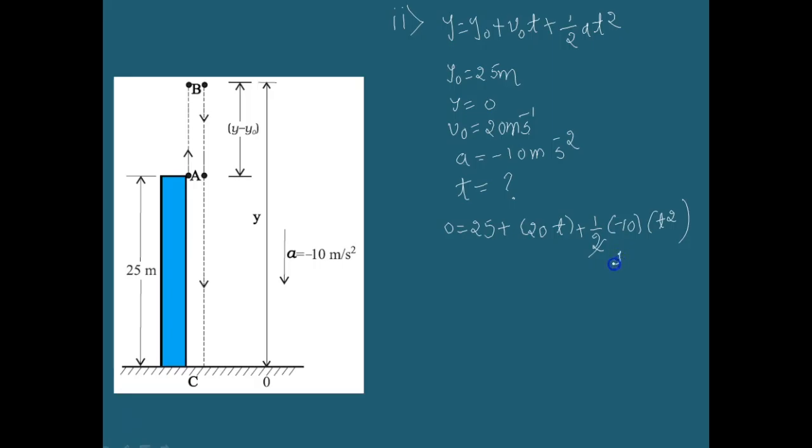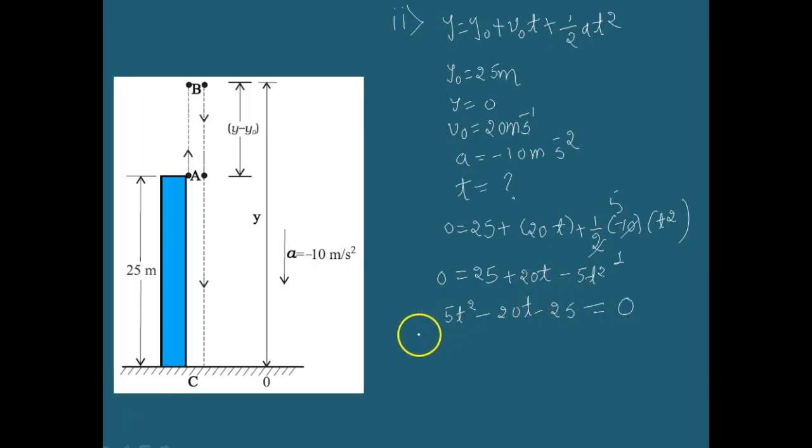So here 2 ones are, 2 fives are, 25 plus 20t minus 5t square. So we can also write it as 5t square minus 20t minus 25.